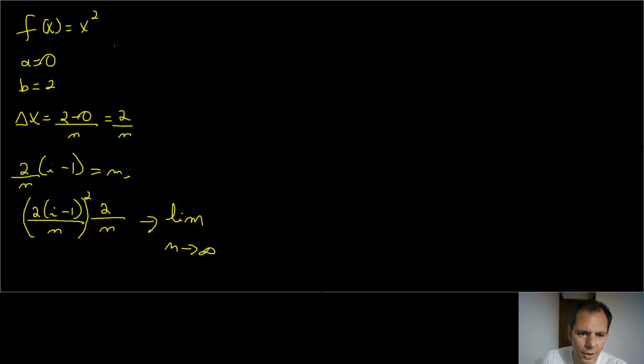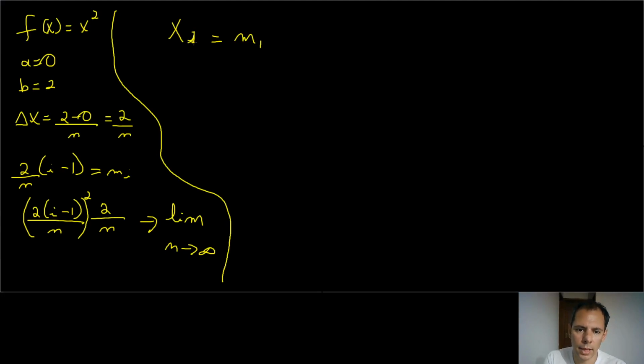I know it's very complicated, it's a pain in the butt, but that's what I'm trying to get across to you guys. So this is the delta x. Mi is going to be the value of x for a certain index i. So x1 is going to be the value of m1, and x2, the second value, is going to be equal to m2.